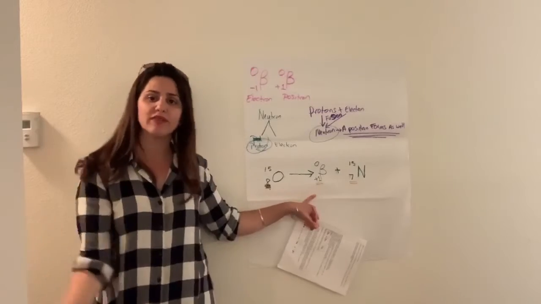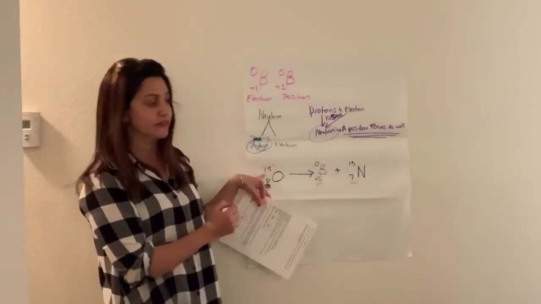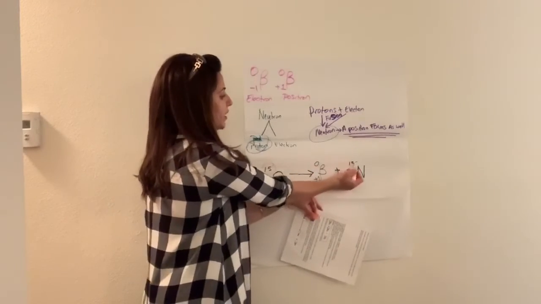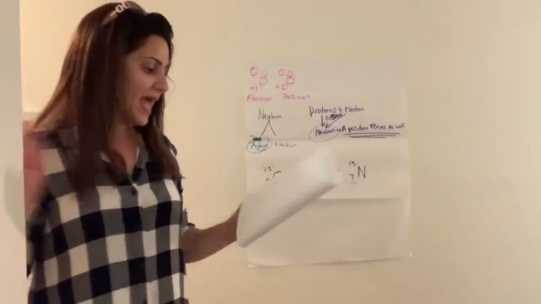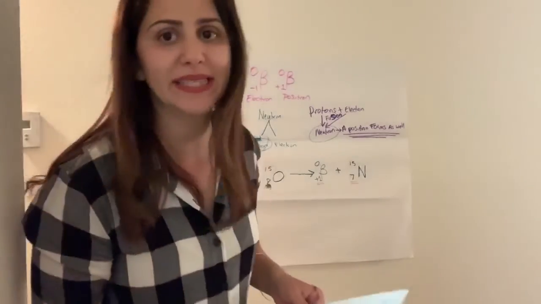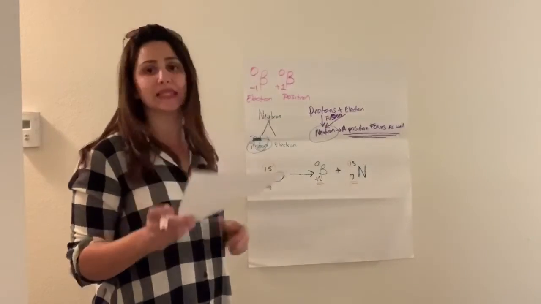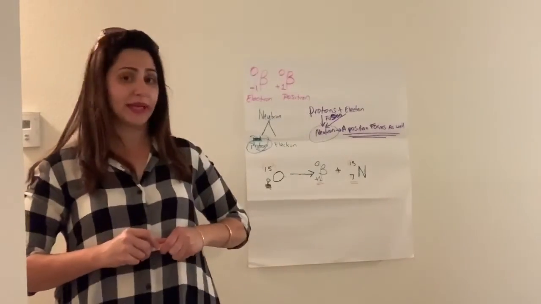Positive 1 plus 7 is 8. And if you look at our atomic mass, we have a 15. If you look at the atomic mass on this side, we have 0 plus 15 is 15. So the equation balances out. Okay, so that is basically the end of beta positron decay and beta electron decay.